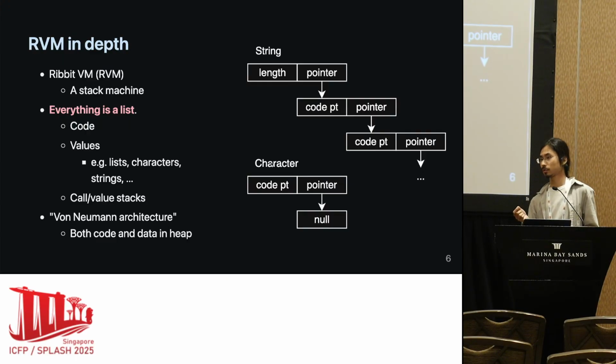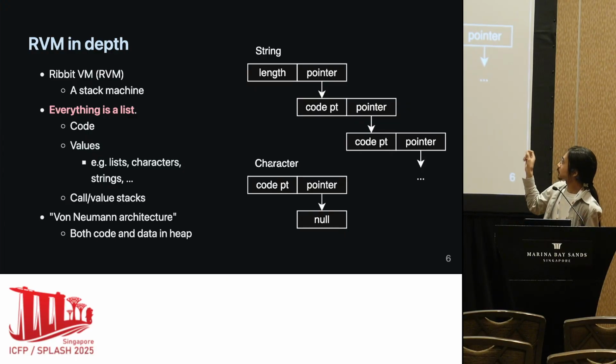That includes code, bytecode, and also runtime values in Scheme, and virtual machine states are also lists, for example call stacks or value stacks to calculate something. So this Ribbit virtual machine adopts a homoiconic architecture, because you can manipulate code and data on the heap memory in exactly the same way.